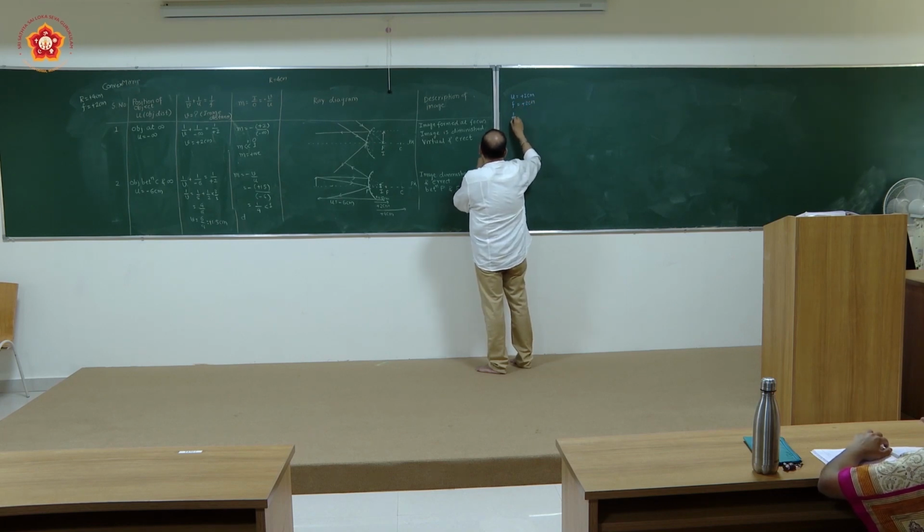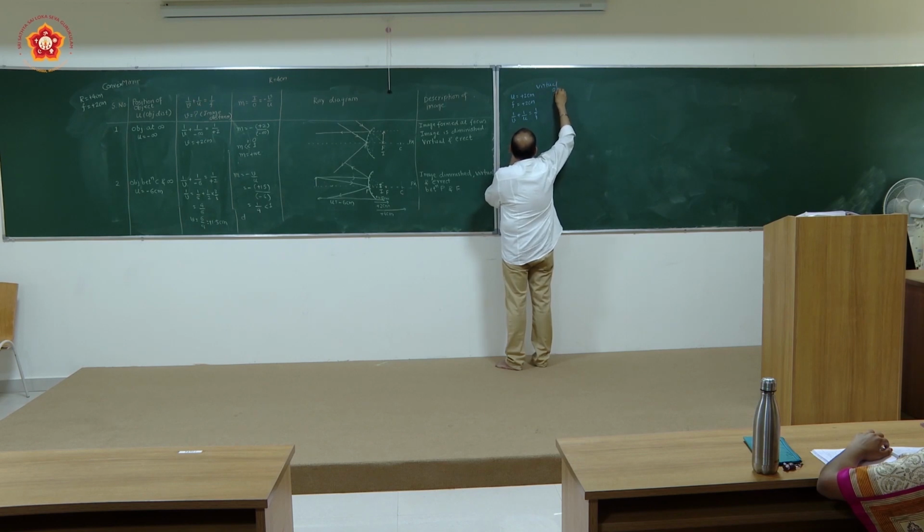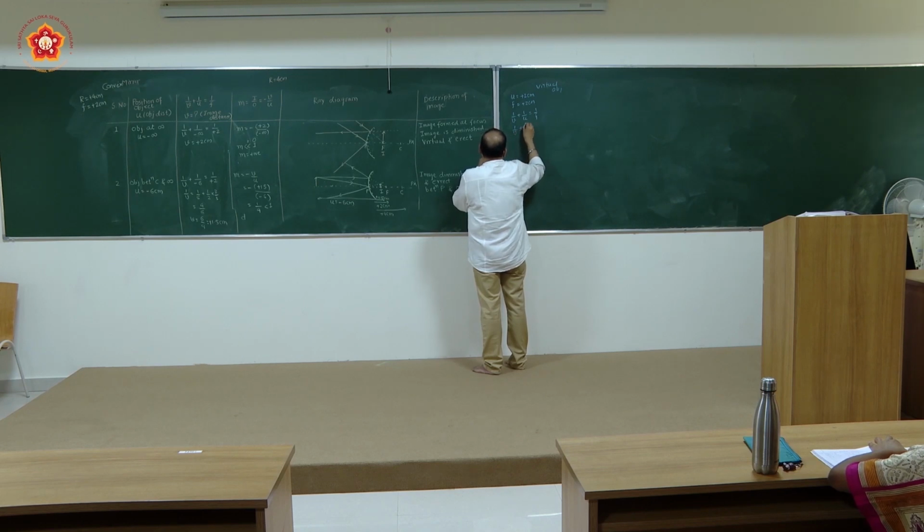So you will be having 1 by v plus 1 by u is equal to 1 upon f. This is the virtual object case. So you will be having 1 upon v plus 1 upon plus 2 is equal to 1 upon plus 2.